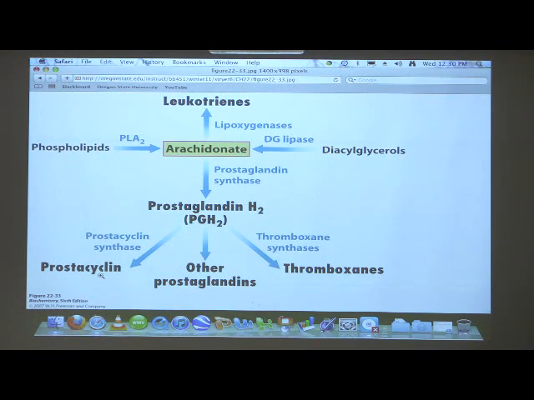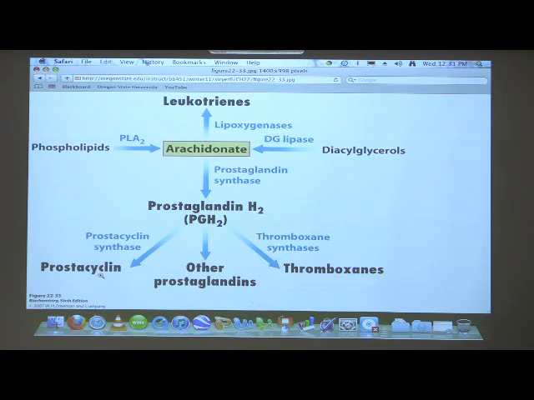Cyclooxygenases are abbreviated COX, C-O-X. They're called COX enzymes as well. And it turns out there are at least 3 and maybe 4 different classes of COX enzymes.